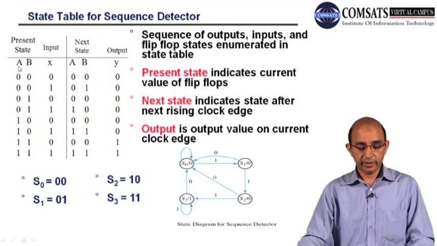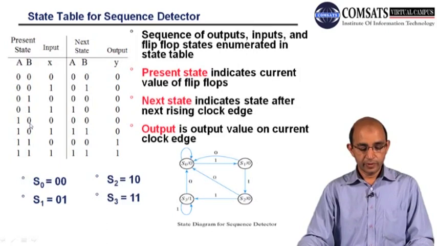So you can see that we have different combinations for present state. These are 4: for S0, 0 0; for S1, 0 1; for S2, 1 0; and for S3, 1 1. And input, because this is a single bit, can be 0 and it can be 1. Similarly for 0 1 we can have input 0, and for 0 1 we can have input 1.